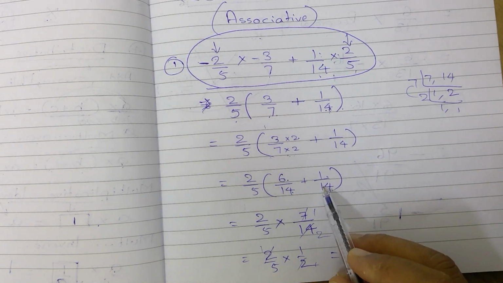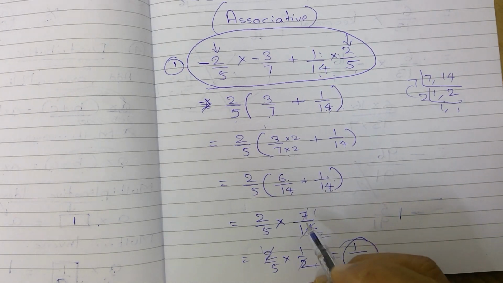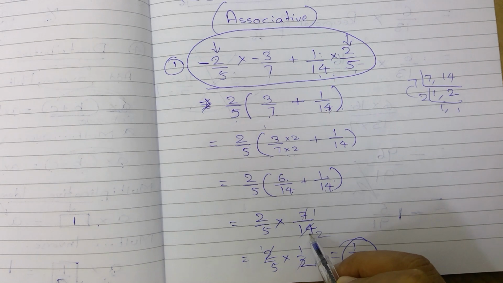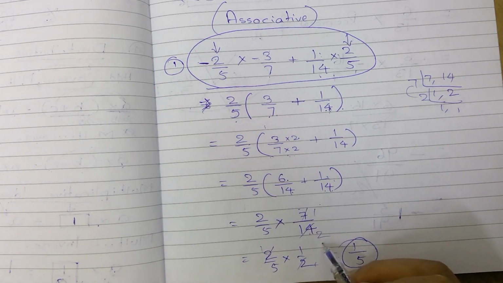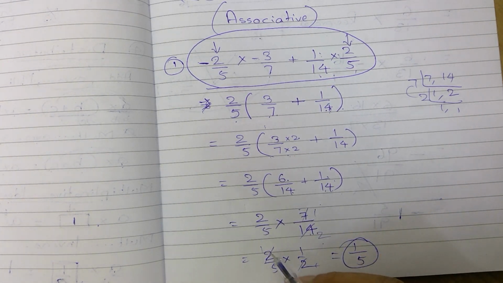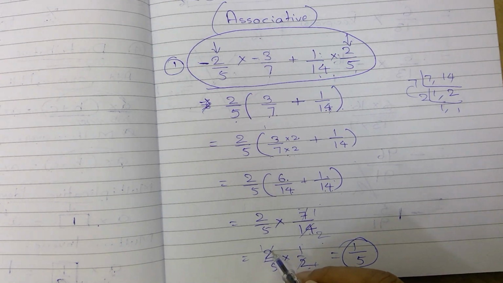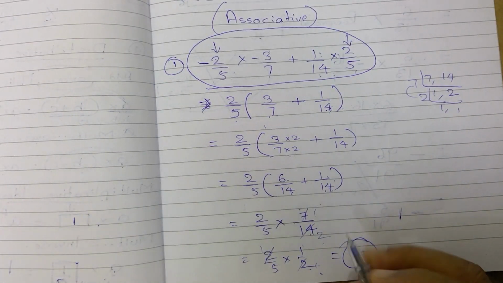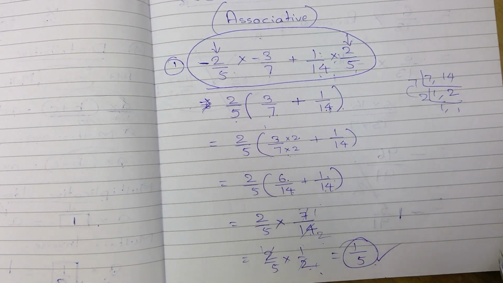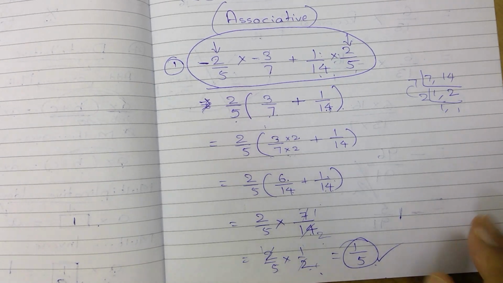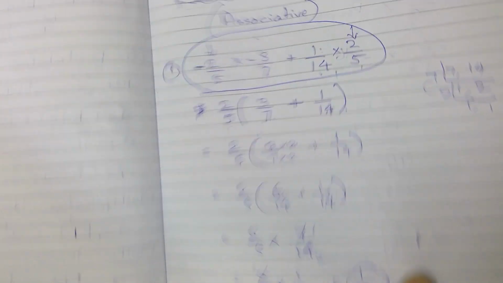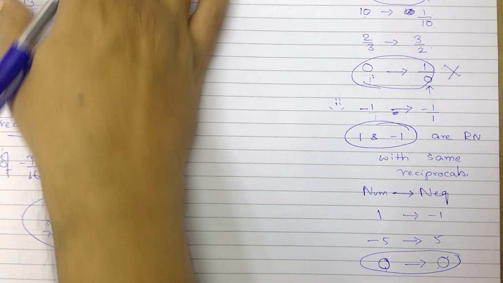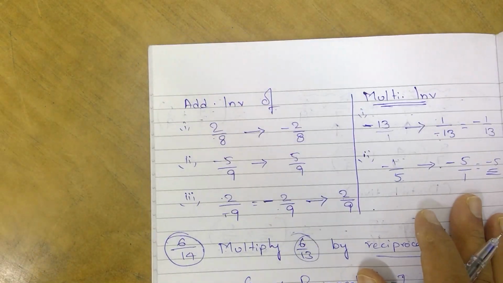When you have same denominators, you can copy, you can add the numerators. 7 by 14, common factor is 7, 7 ones are 7, 7 2s are 14, and 2 by 5 into 1 by 2. In numerator and denominator you have 2, so when you cancel, the answer will be 1 by 5, 1 by 5.